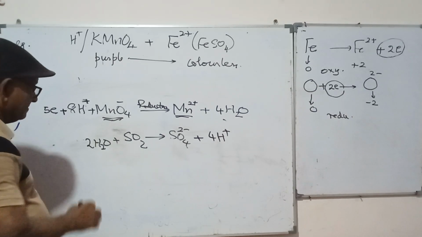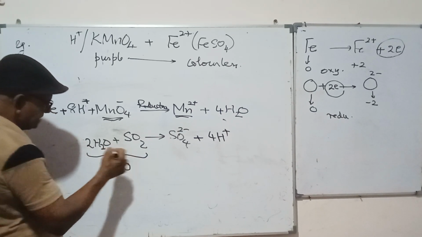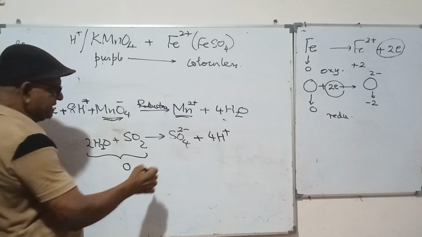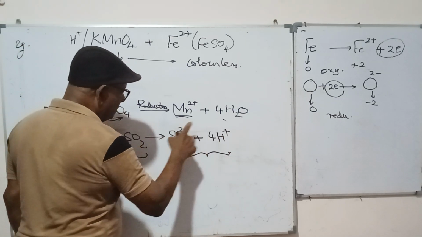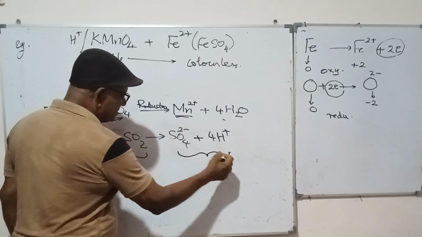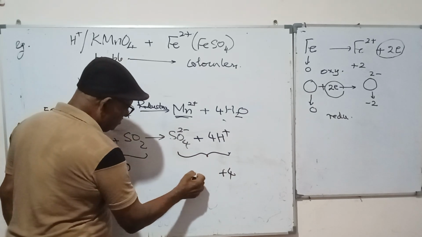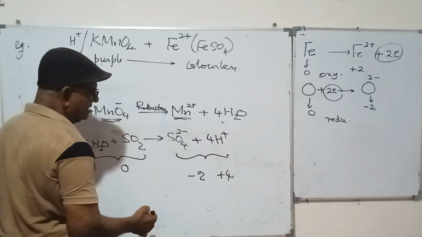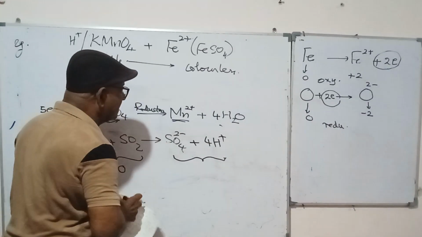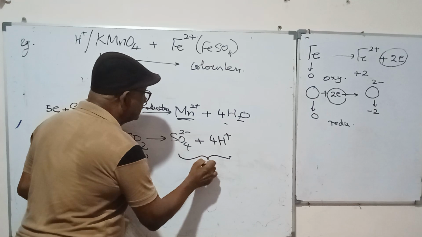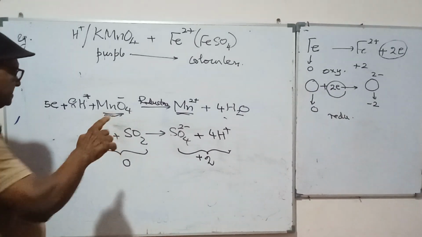Right? Then what is the charge? No charge this side, 0 charge, but this side has plus 4, minus 2. What is the net charge? Plus 2. Then this side has plus 2 charge. This side no charge.